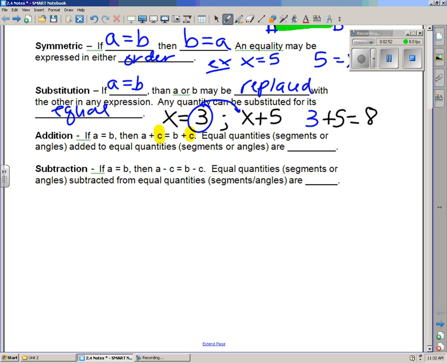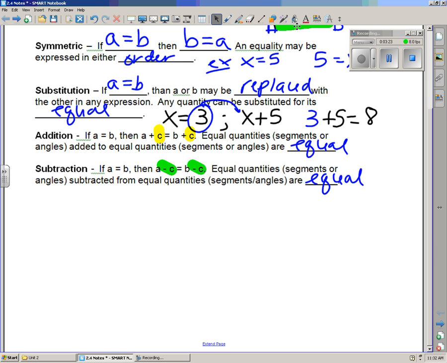So equal quantities, segments, or angles added to equal quantities, segments, or angles will always remain equal. Same thing with subtraction. If you have equal quantities to begin with, and then you take a third equal quantity and subtract that equal quantity from equals, you still have equals. So equals minus equals are still equal.